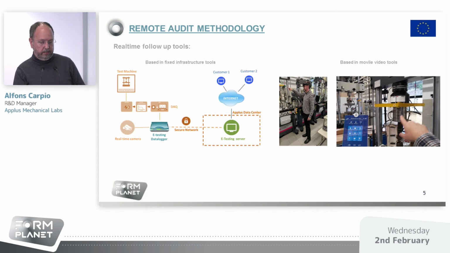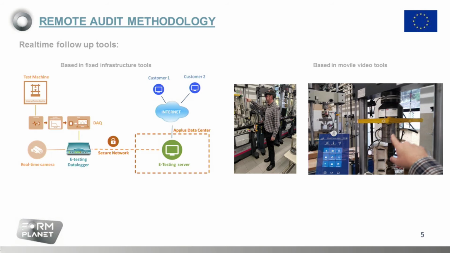For this second kind of audits, the technical audits, we have researched two different kinds of real-time follow-up tools. One is more focused on infrastructure. That means something you have to develop and install in a laboratory as a fixed infrastructure that is prepared to be used at any moment.